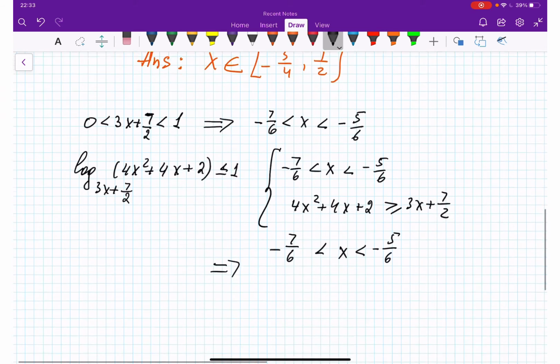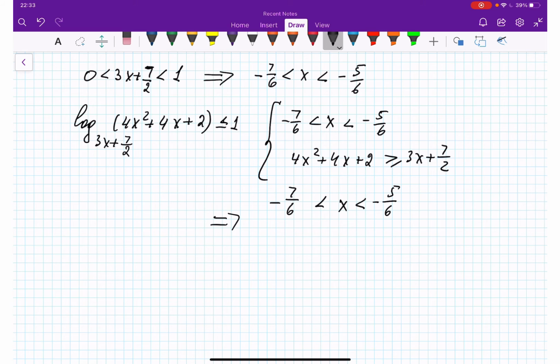So it's going to be 8x squared plus 2x minus 3, greater than or equal to 0.